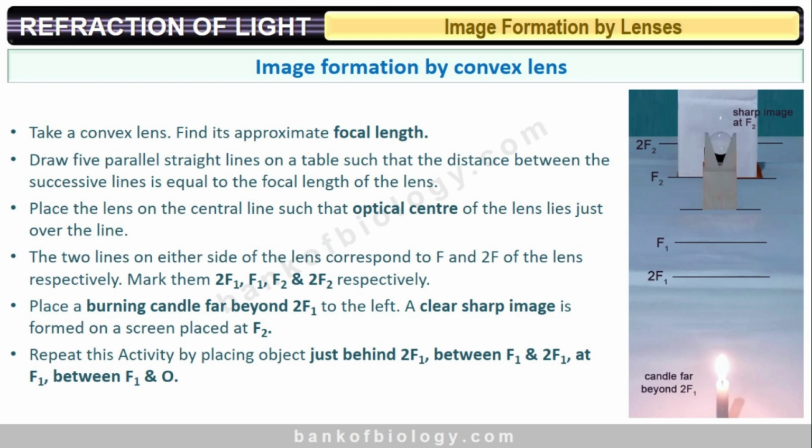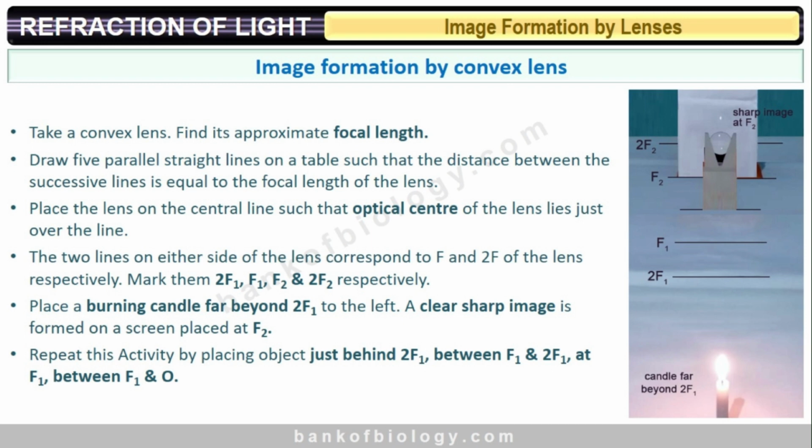Place the lens on the central line such that the optical center of the lens lies just over the line. The two lines on either side of the lens correspond to f and 2f of the lens respectively. Mark them 2f1, f1, f2 and 2f2 respectively.